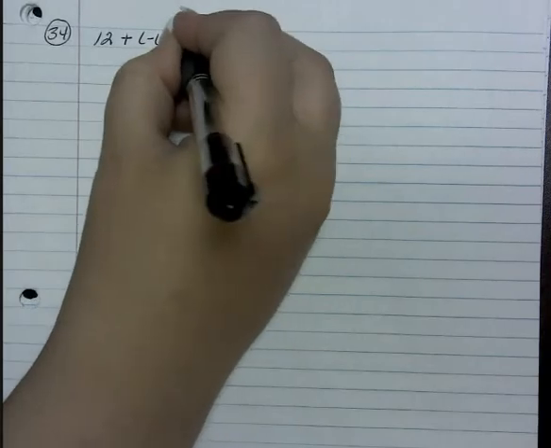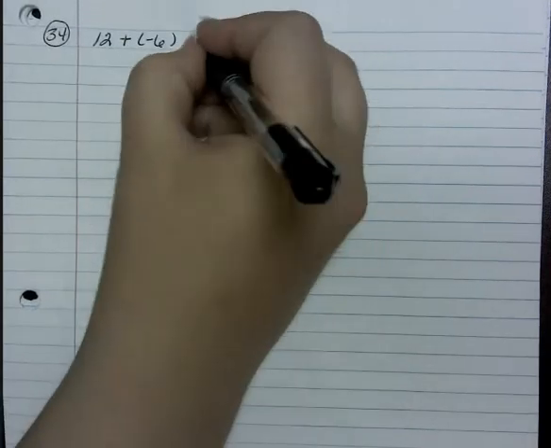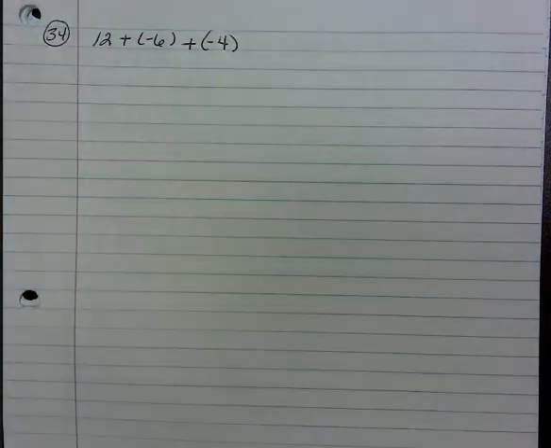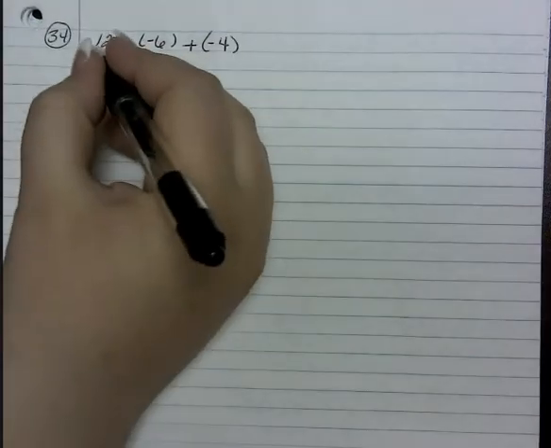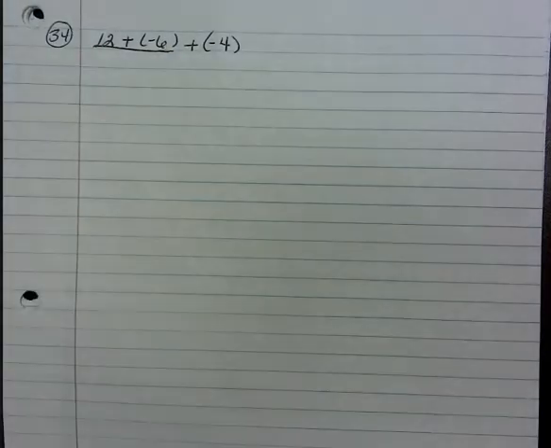Let's look at problem number 34. Problem 34 says that we have 12 plus negative 6 plus negative 4. So remember, we're going to add these first two numbers together first, and then we'll worry about that last number.